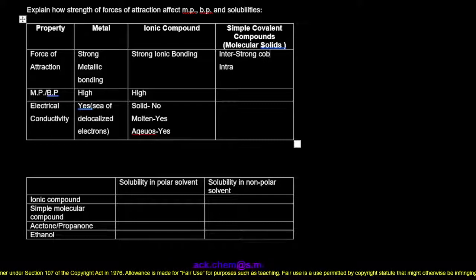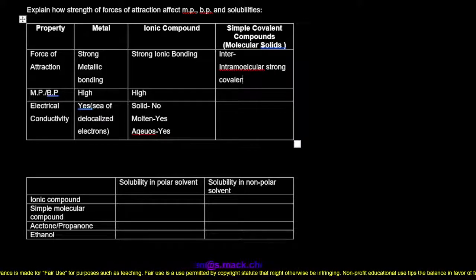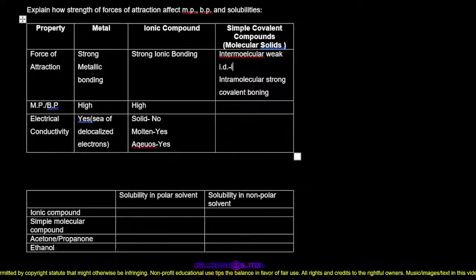One is strong intramolecular covalent bonding, and these strong intramolecular covalently bonded molecules are said to be held together by weak intermolecular forces of attraction, which we call induced dipole forces of attraction, or you may know them as Van der Waals forces of attraction.